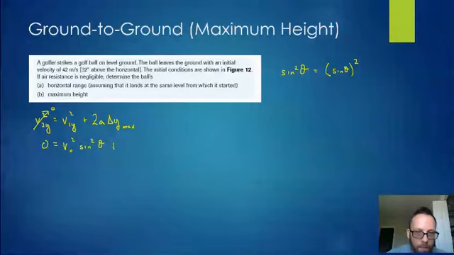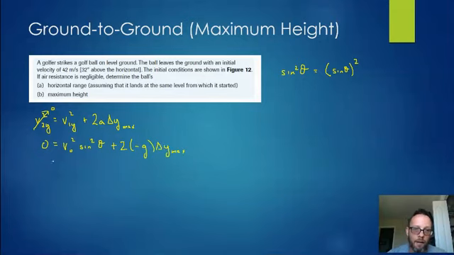And we know that a, in this case, is negative g, so plus 2 times negative g, delta y max.